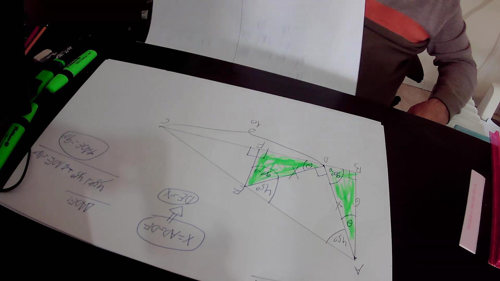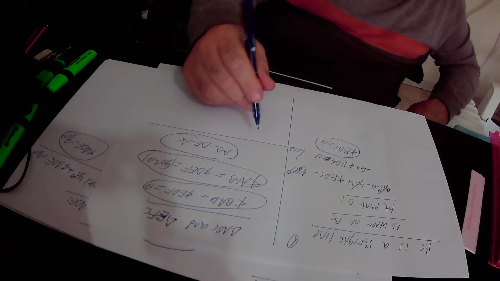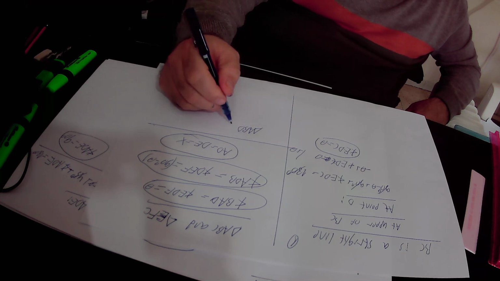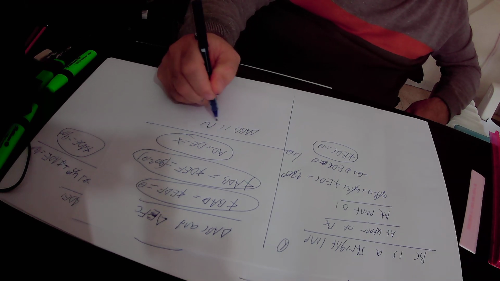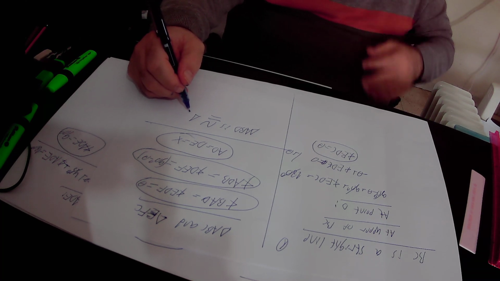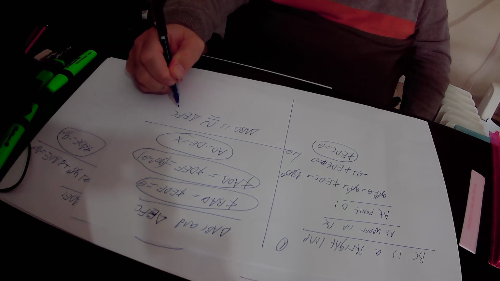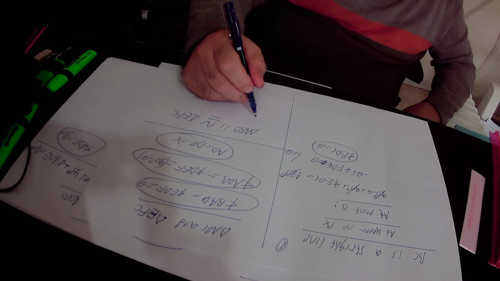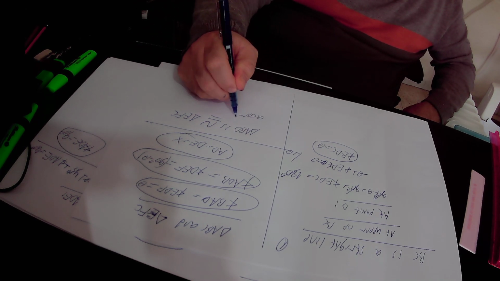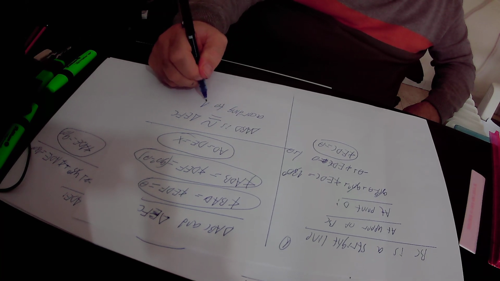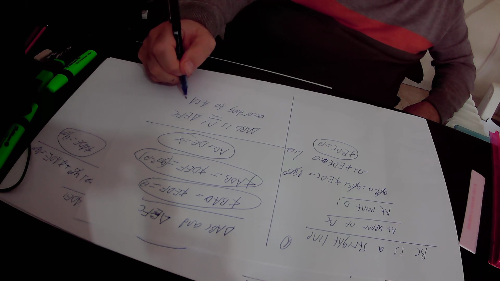So we can write down that triangle ABD is congruent, this is the sign of congruent, to triangle EDF, the green right triangle, according to the angle side angle rule.